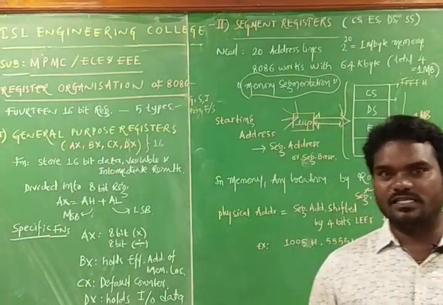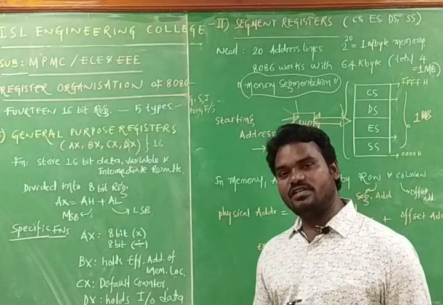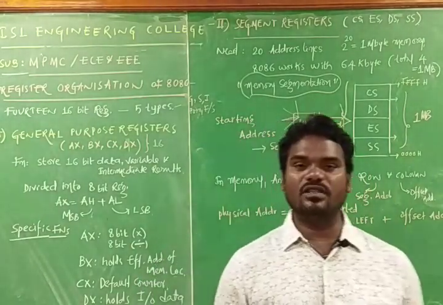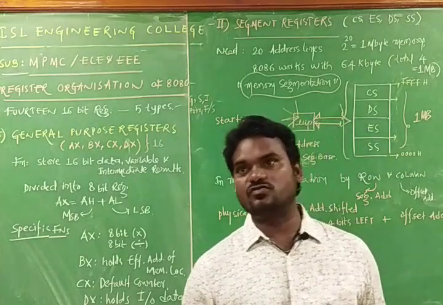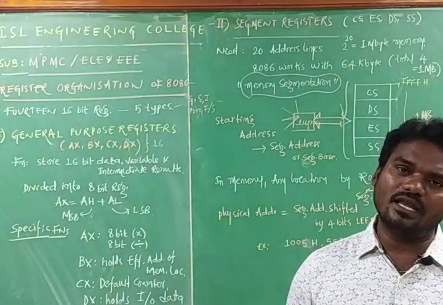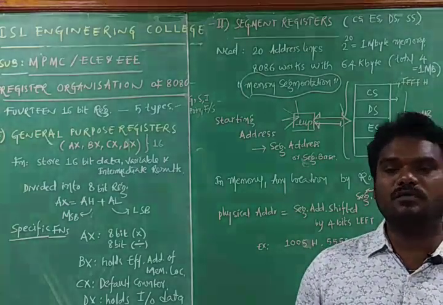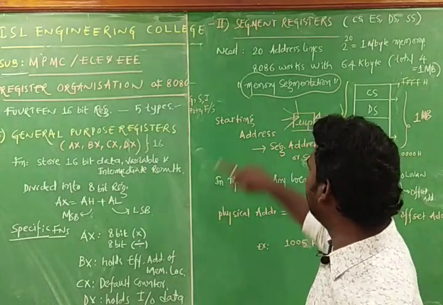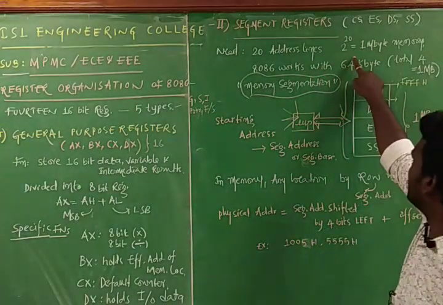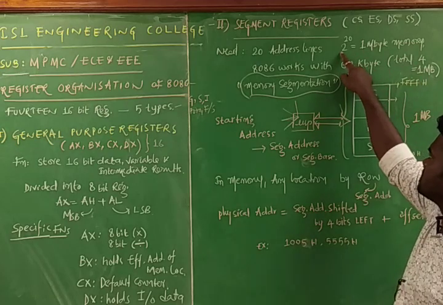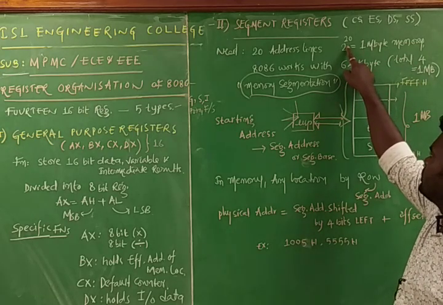of segment registers. Here we have discussed the 8086 microprocessor has 20-bit address lines. By using these 20-bit address lines, it can access a maximum of 1 megabyte of memory externally. That 1 megabyte of memory can be accessed directly by the processor.